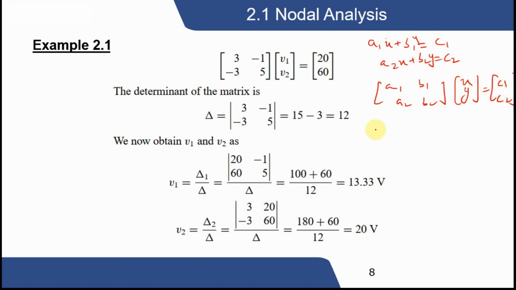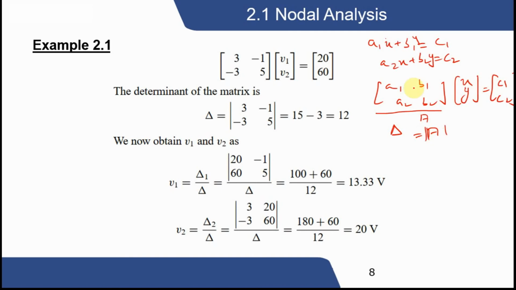This is the way we can write the equation. Now Cramer's rule says first we have to take the determinant of this matrix. This is delta, the determinant of matrix A.